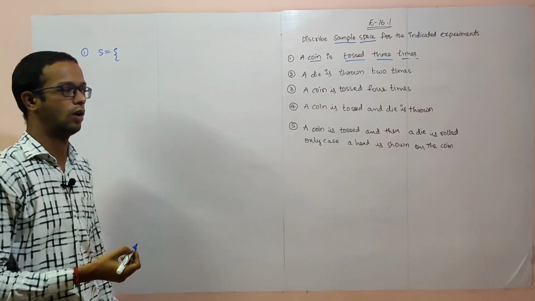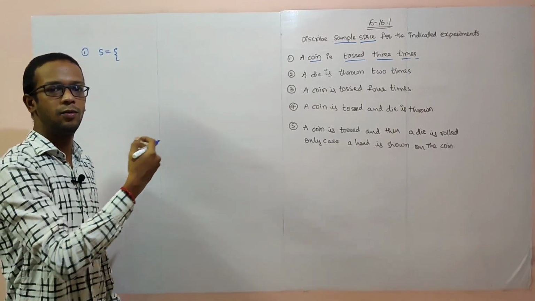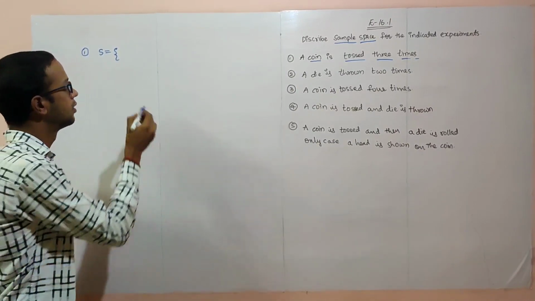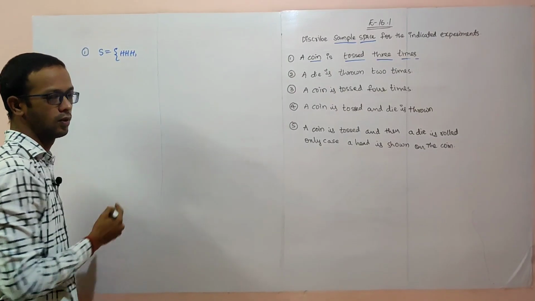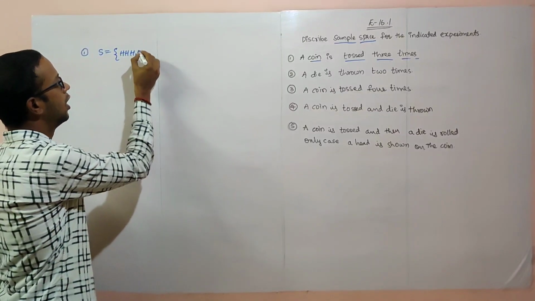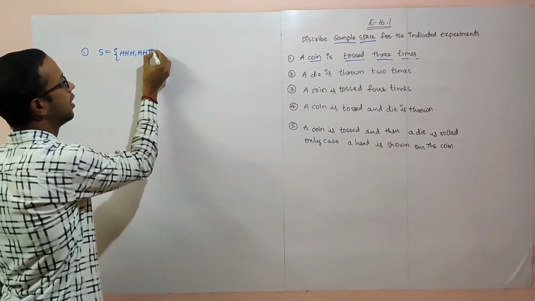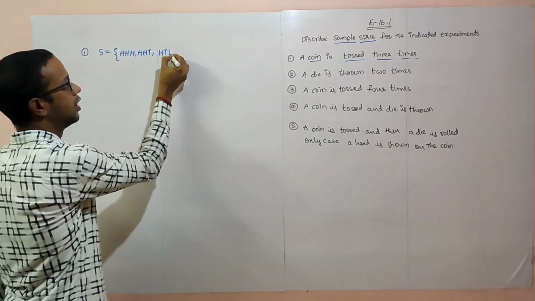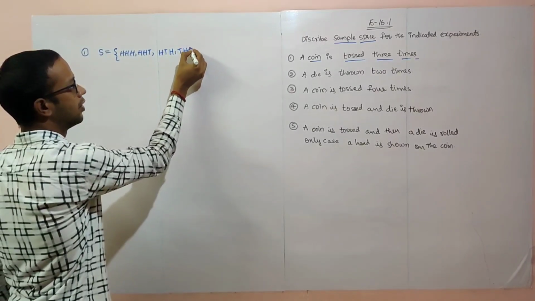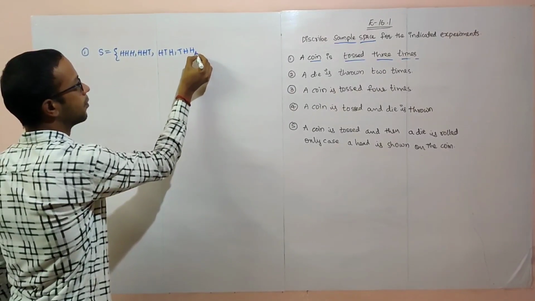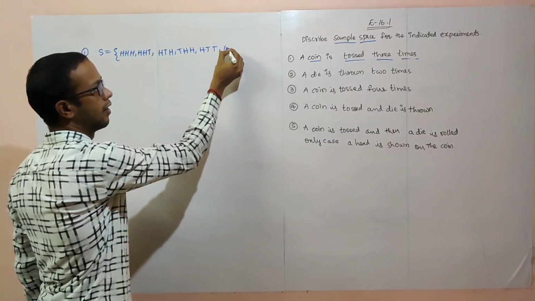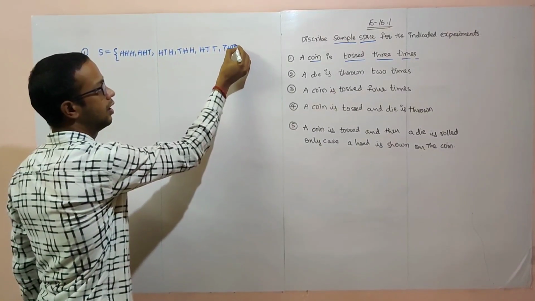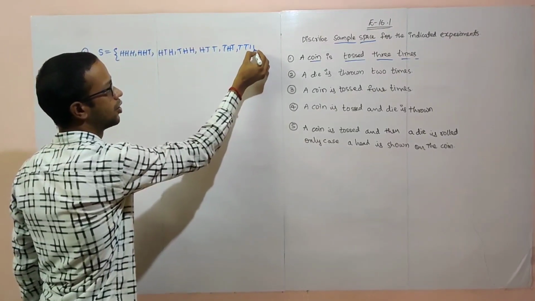The total outcomes: what are the outcomes when tossing a coin 3 times? First time head, second time, third time. Three possibilities with head: HHT, HTH, THH. Next HTT. Another one is THT, TTH.